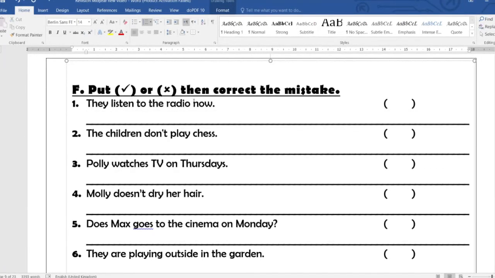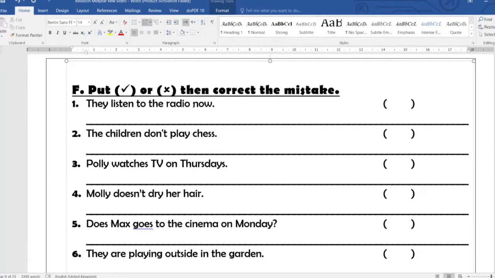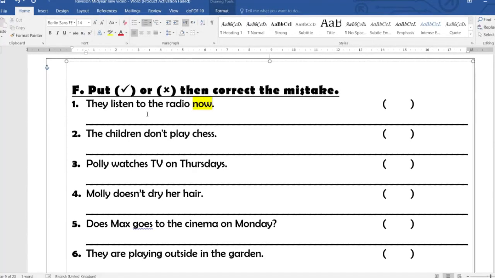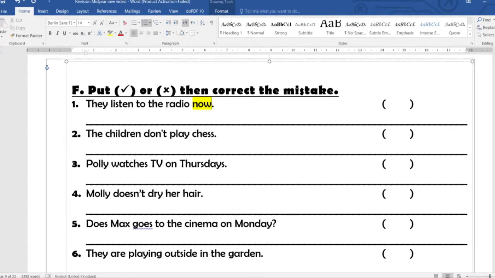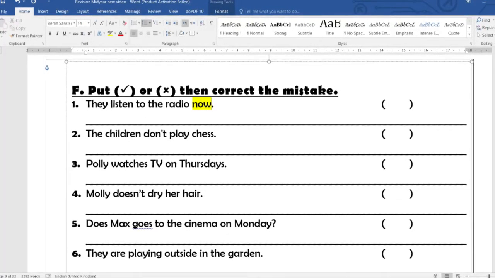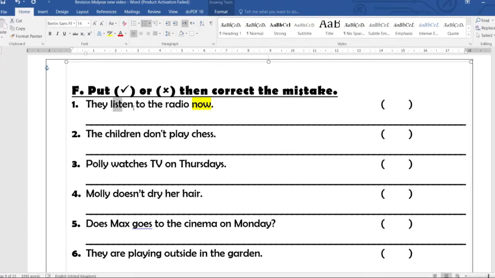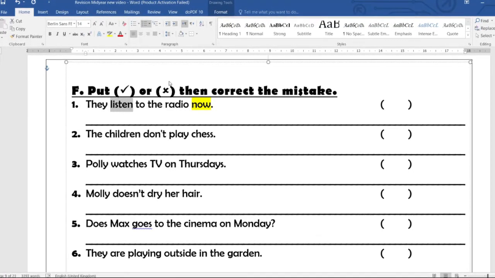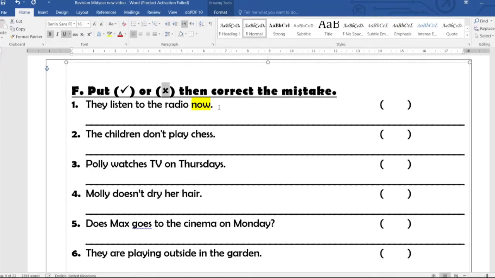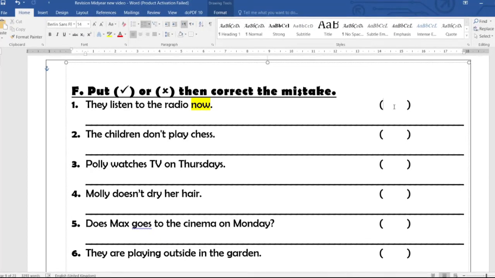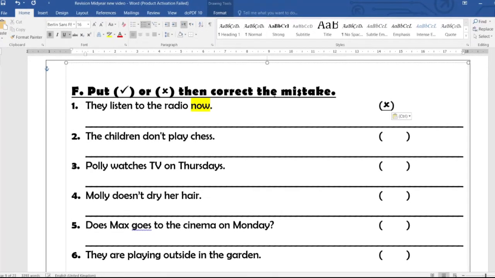They listen to the radio now. So I have a keyword. It's now. Can I say they listen? No, I need to use the present continuous, right? So I'm going to put an X. It is not correct. So wrong.